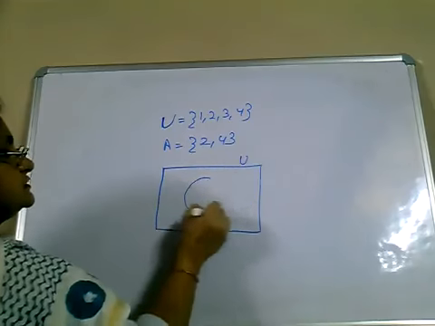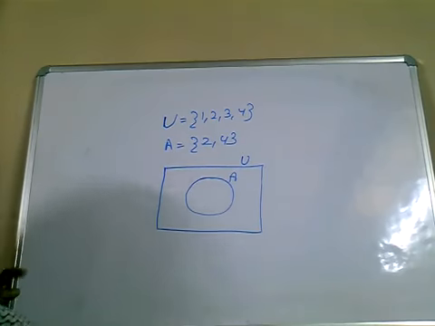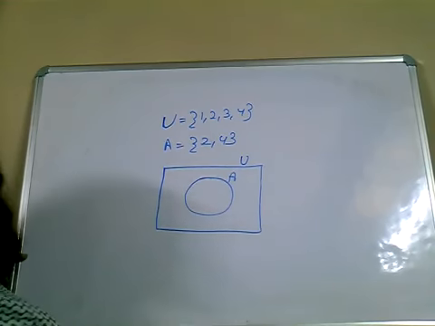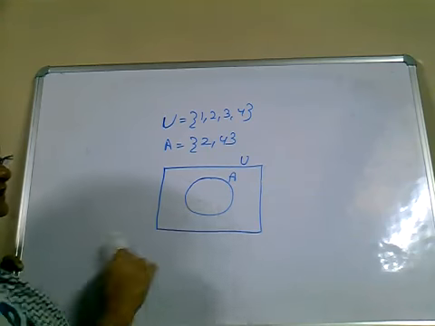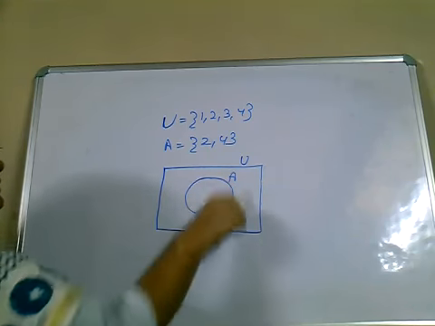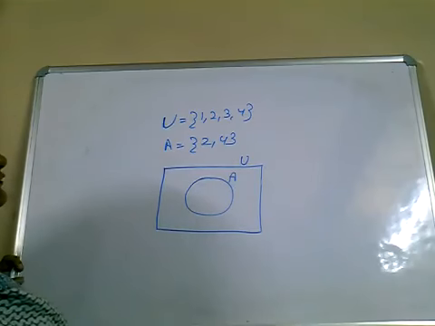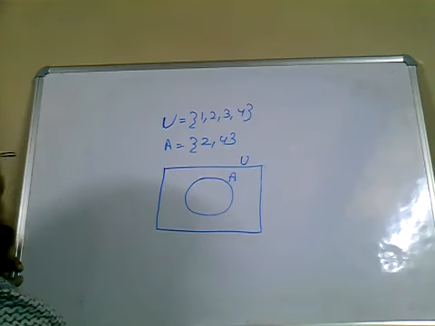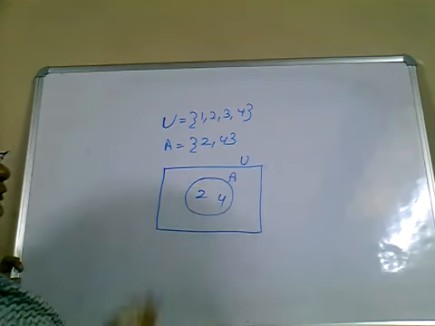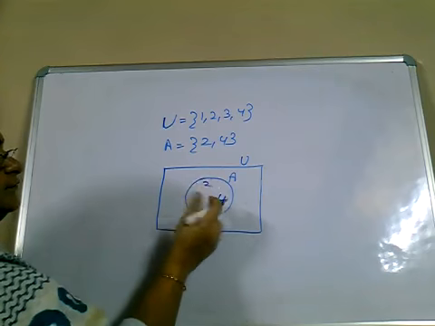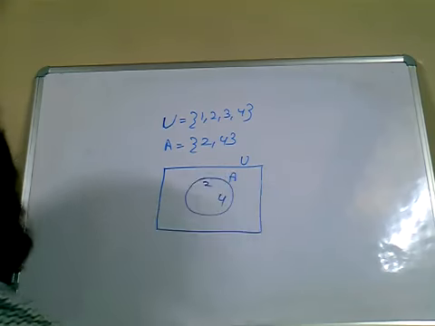This is a subset of the universal set, that is set A, and elements are always written in the circle and in the portion of the rectangle. So elements of A are 2 and 4. So we can write 2, 4 here. We can write 2 here, 4 here.